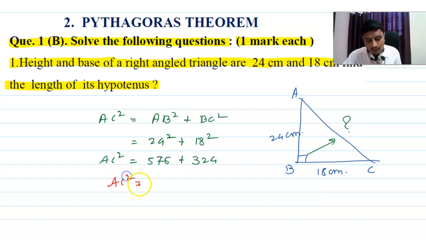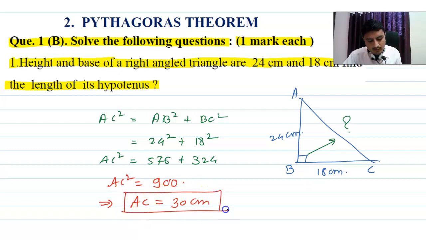Once we add them up, AC square is 900. Taking the square root on both sides, AC equals square root of 900, which is 30. The unit is centimeter. So the length of the hypotenuse of the given right angle triangle is 30 centimeters.